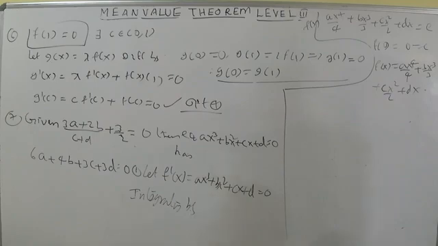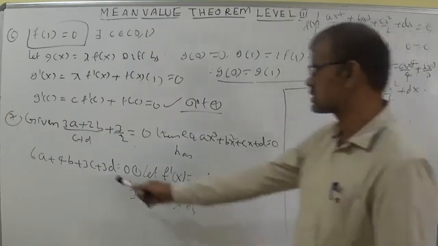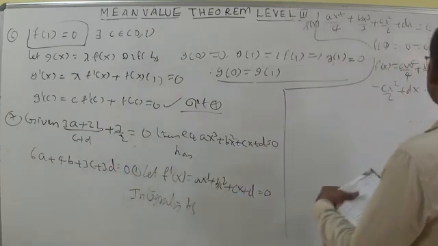Now, we substitute the value to get 6a plus 4b plus 3c plus 3d.